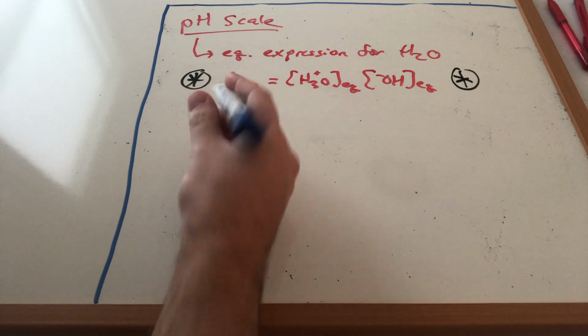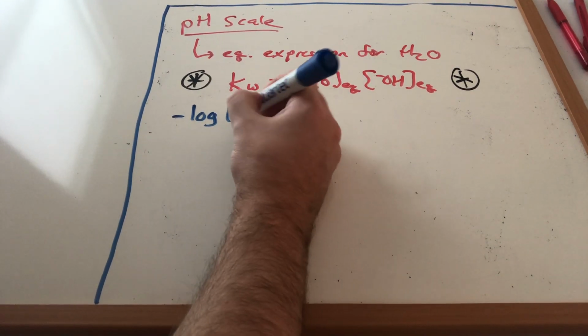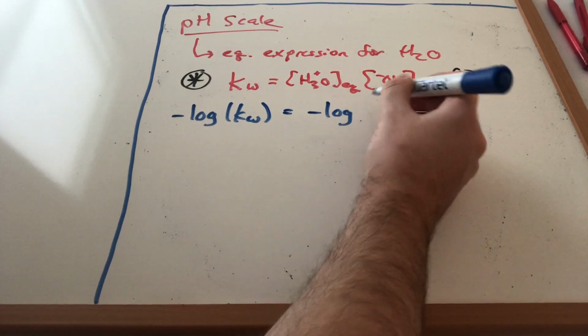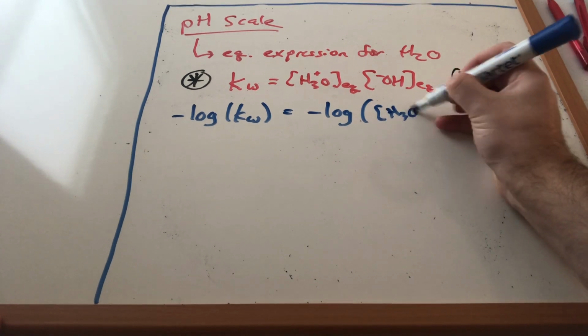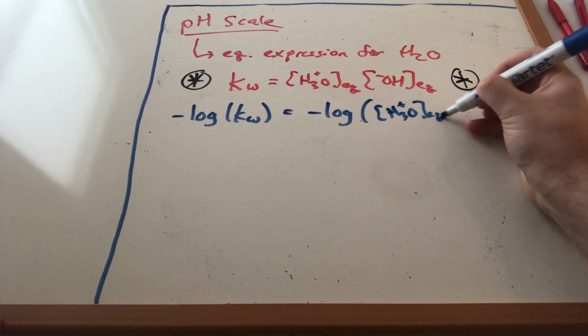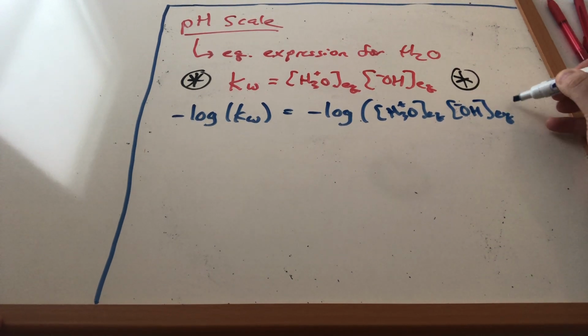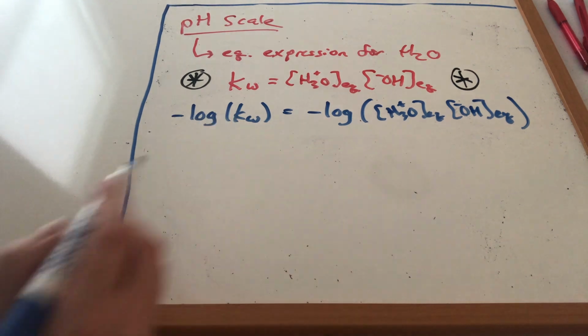But let's take the negative log of both sides. If I take the negative log of Kw, then I have to take the negative log of this product on this side. On this side, I have the negative log of Kw.